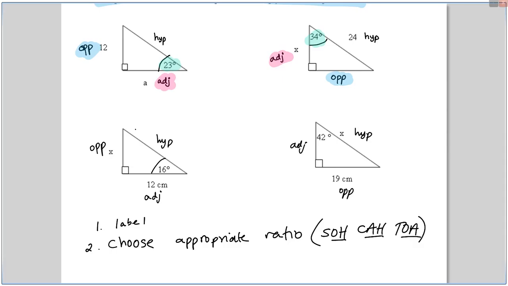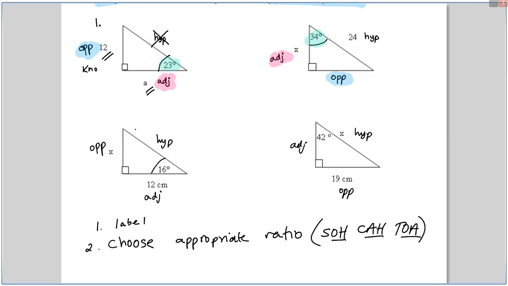Okay? So for example, number 1 up top left here. They want to solve for A. Which ratio would you choose? Do you see how I know nothing about the hyp?